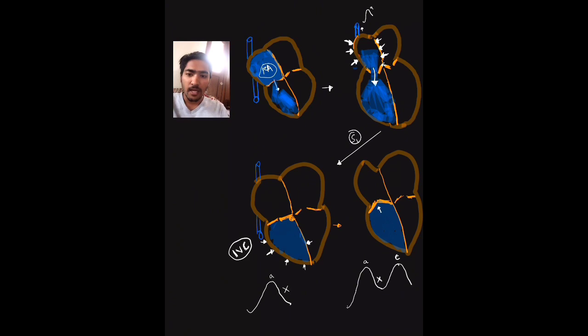The blood has come all the way from periphery to your right atrium. So blood is full now, and what is happening initially, that is in the late part of right atrial systole, keep this in mind, concentrate, the blood is getting emptied into the right ventricle.